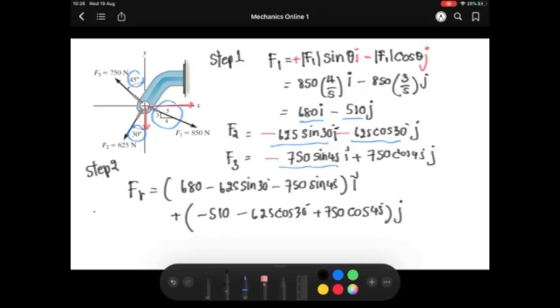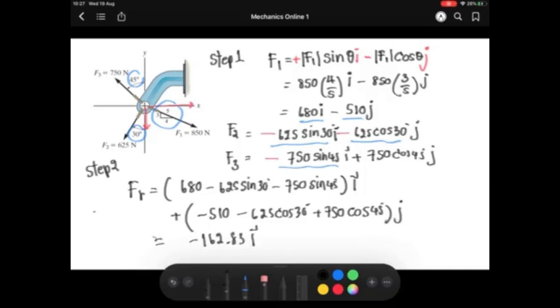So the first term should be minus 162.83 i.